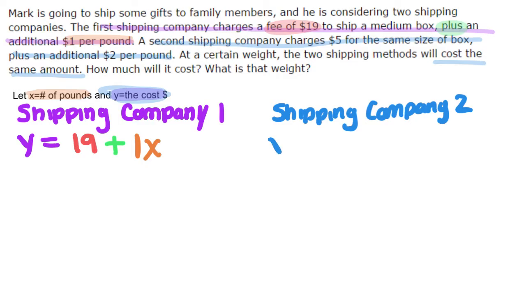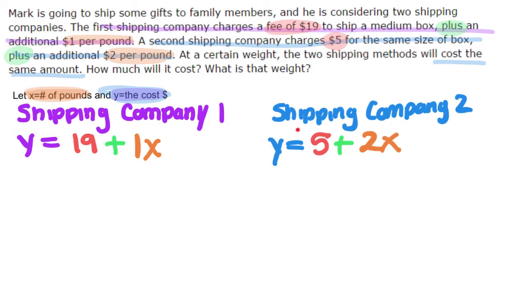So I'm also going to use y equals, then it tells me that it's $5 for the same size box, so it's going to be 5 plus an additional $2 per pound. So since it's $2 per pound and x is the number of pounds, I can say it's plus 2x.